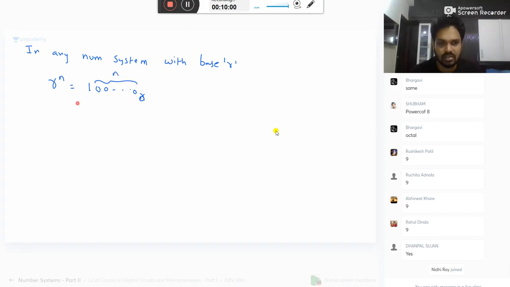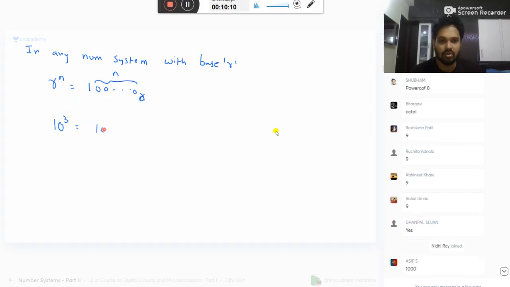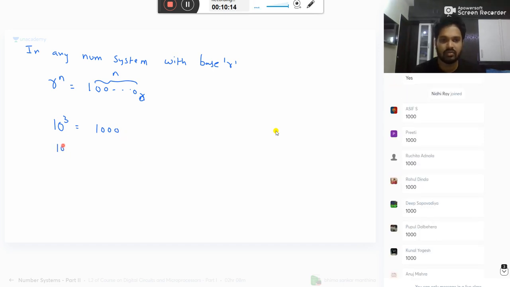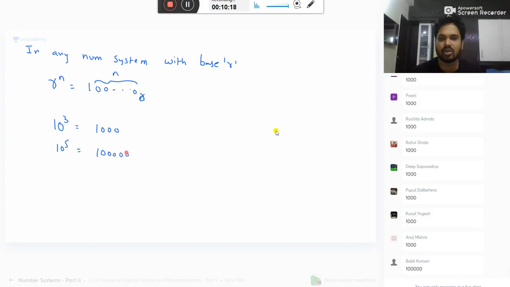Simple example. Just come to your basic number systems. What is 10 power 3, my dear friends? 1 followed by 3 zeros. What is 10 power 5? 1 followed by 5 zeros. I want to give a small shortcut also here.